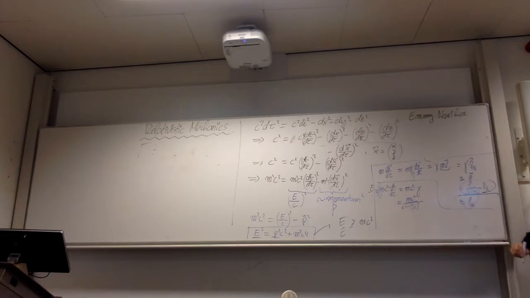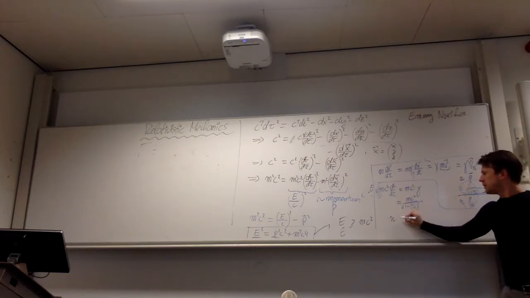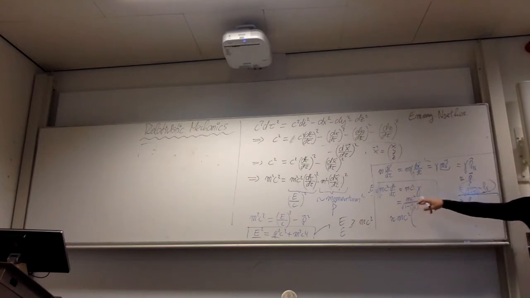But here's the beautiful thing. Let's do the same trick as we did here. Suppose that you look at a mass that has a low velocity with respect to you. Do you remember that we had this trick? Binomial approximation, or first order Taylor approximation, whatever you want to call it.